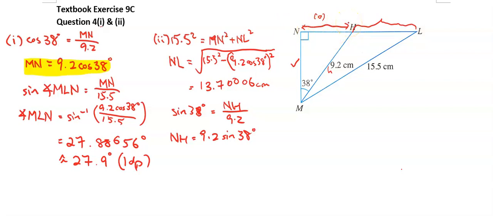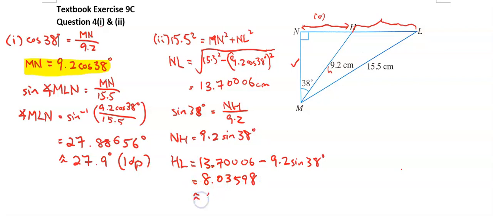But that's not what the question wants. The question wants HL, so we have to do one more step of working. We use NL, 13.70006, and subtract NH, 9.2 sine 38 degrees. Calculating, we will get 8.03598. Rounded off to 3 significant figures, this is 8.04 cm.